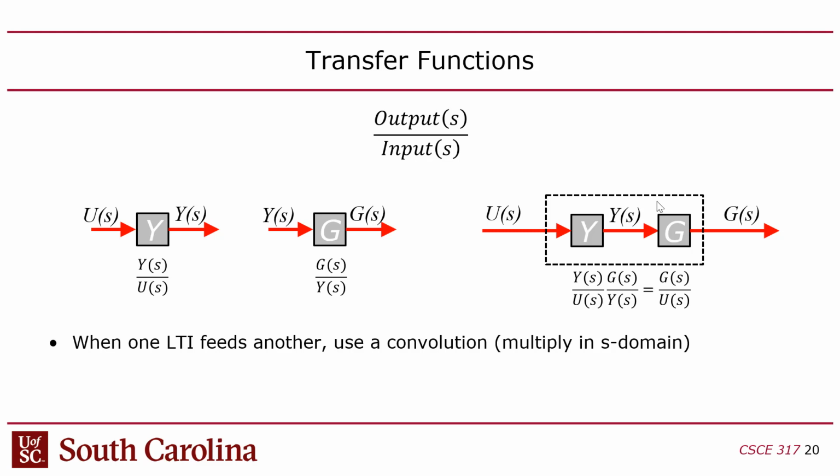But the cool thing about it is, if you have two transfer functions where one feeds into another, all you have to do to calculate the overall transfer function of the pair is to simply multiply the two transfer functions together, right? Which makes sense, because if I'm going to call this y and this is g, these are usually named after their outputs.